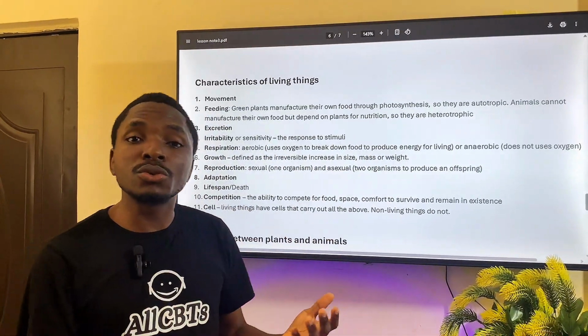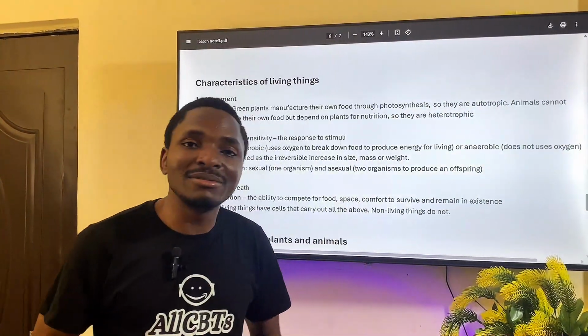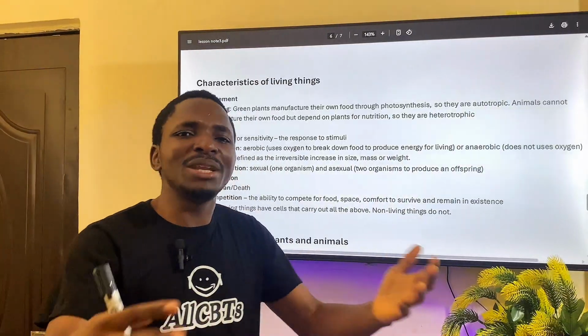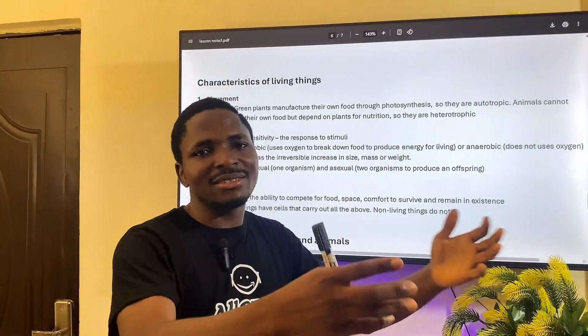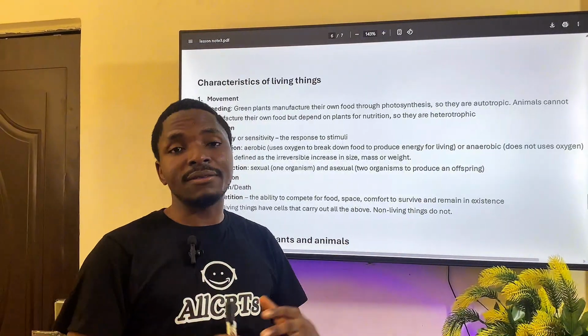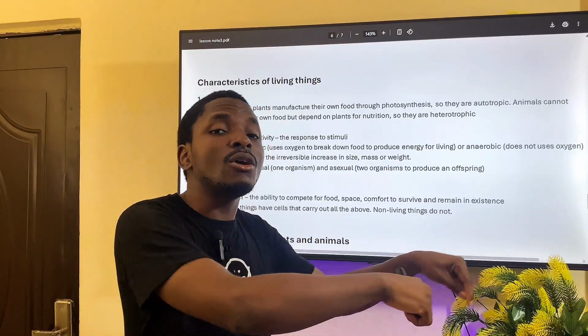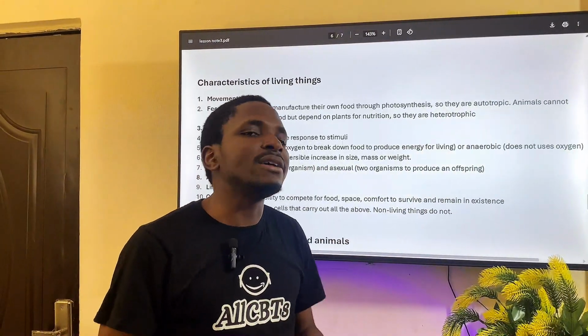Just like human beings also will fight for position in the office, fight to get a job. Competition is a characteristic of living things. Don't blame them. We fight as living things to survive. Not just human beings, even plants would fight on the field to get nutrients from the soil to survive.